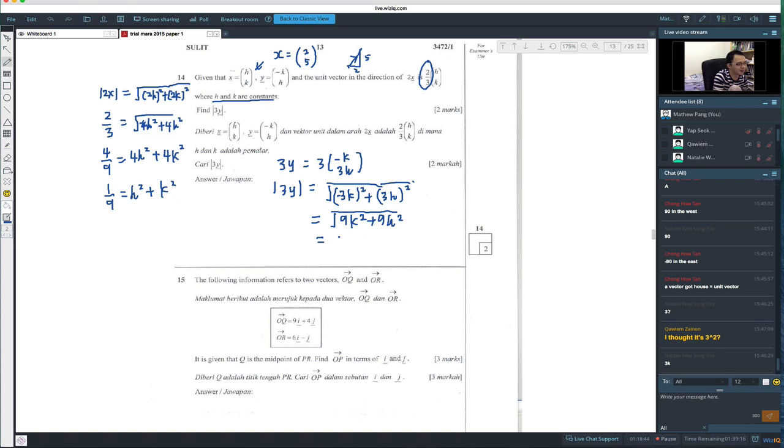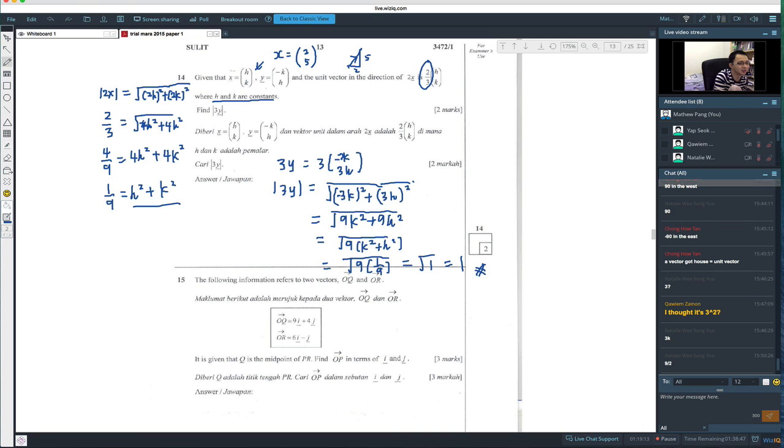Then I will factorize out the 9 and get k squared plus h squared. And I know k squared plus h squared equals 1 over 9. So this is the square root of 9 multiplied by 1 over 9, which is 1. So it's the square root of 1, so the final answer should be 1. I don't know, is the final answer 1 over here? Where did the 3 go? The final answer is 9 over 2.